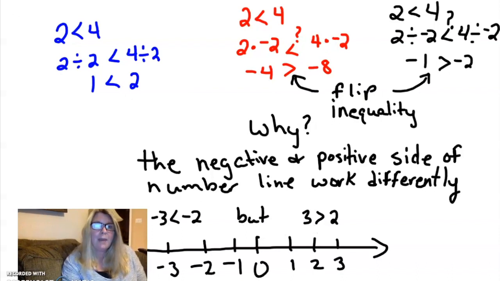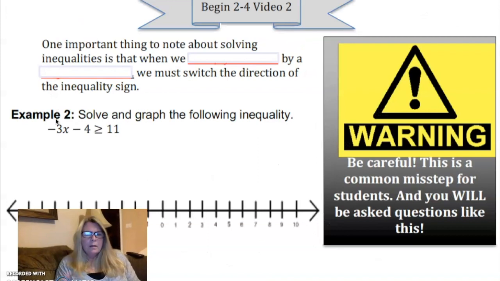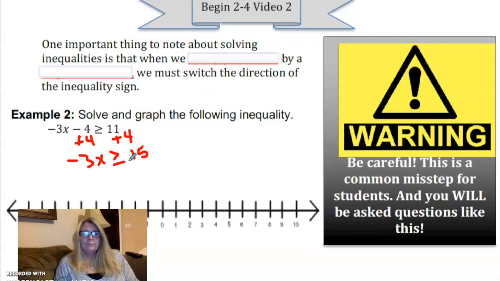So let's go back and actually do that example now. We've got to get rid of the negative 3 and the negative 4, but you get rid of your addition or subtraction first. So you're going to add 4 to both sides, and we have negative 3x is greater than or equal to 15.